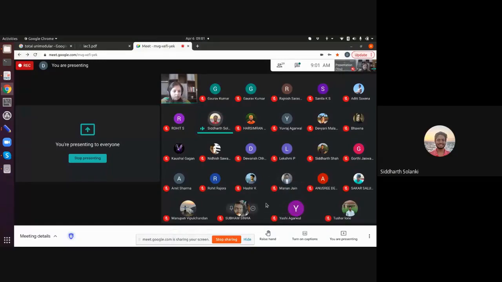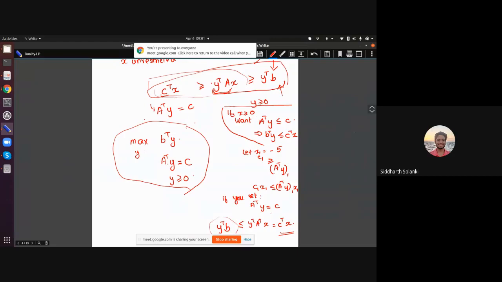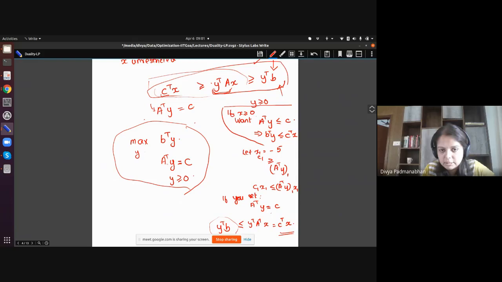A transpose Y is still a vector, and C is also a vector. So how are we checking the inequality? Is it component-wise, or are we taking a norm? These are all numbers, right? C transpose X and B transpose Y are just numbers.